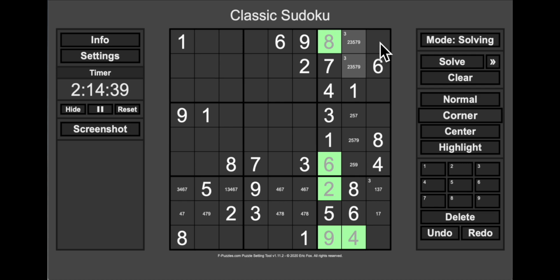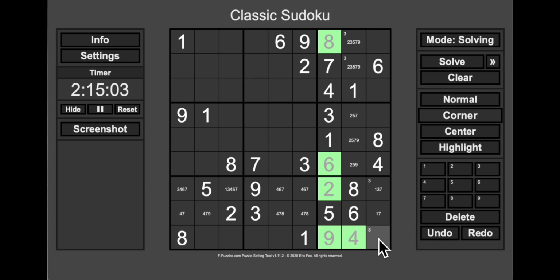Because a 3's in here, which means a 3 can't be there, and we know a 3 can't be here, so 3's definitely either here or almost certainly there.